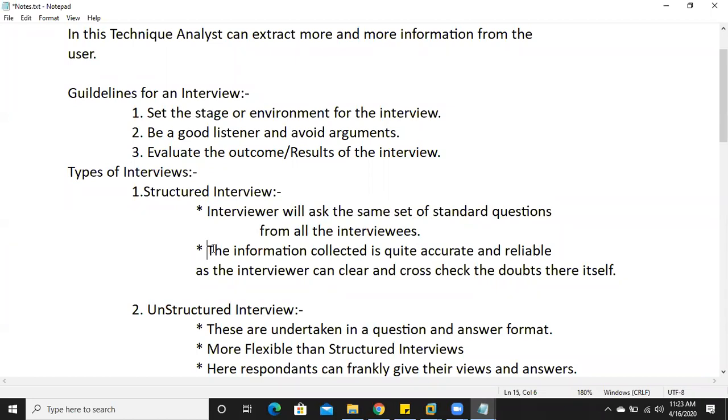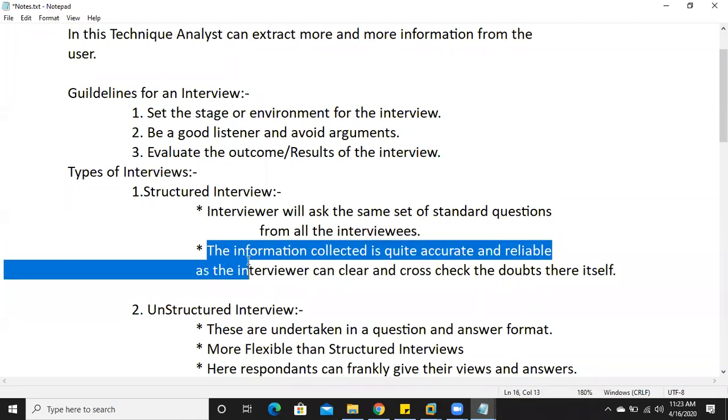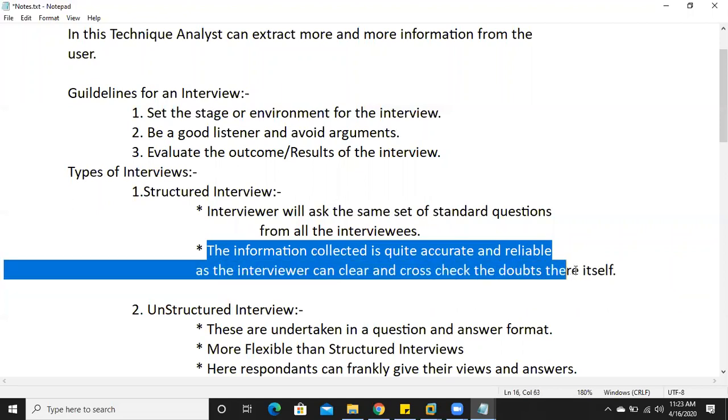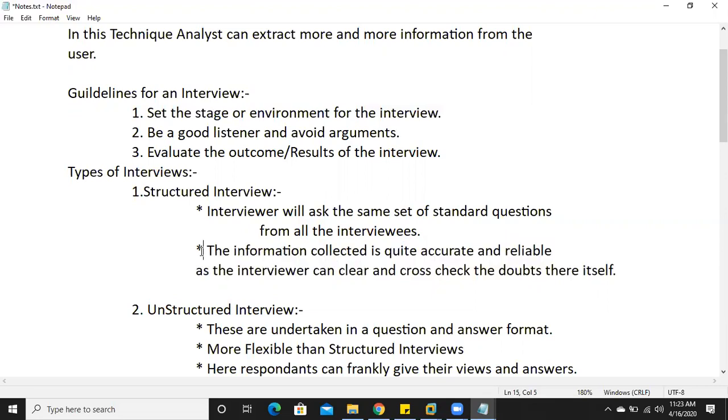The second point is that the information collected is quite accurate and reliable. Why? Because in this type of interview, the interviewer can cross-check his doubts, and he is doing the discussion at the same time as he is taking the interview.